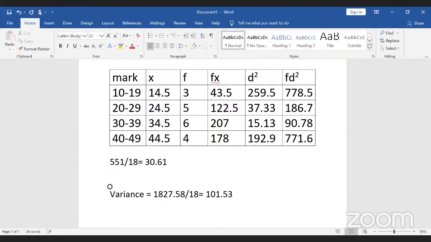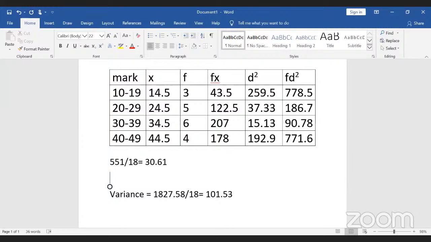Here we have a certain number of students contributing to that deviation. In the first class, we had 3 students contributing to the square deviation of 259.5. So we multiply that because there were 3 students. Then in the next, we had 5. We multiply by D squared so that we have the total contribution from the 5 being 186.7.